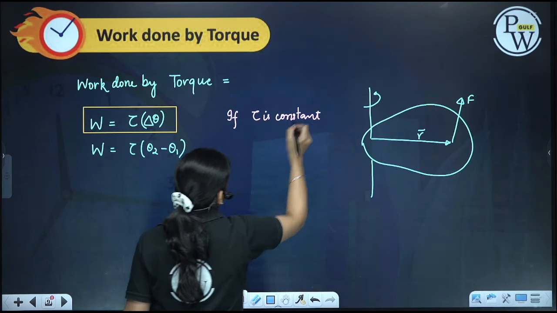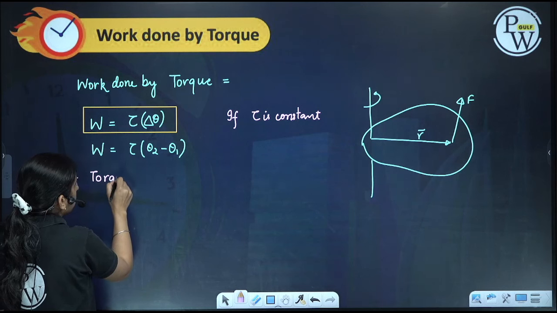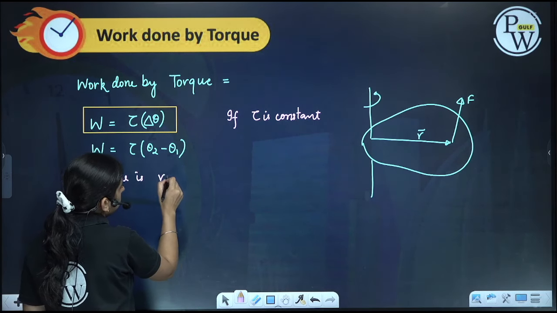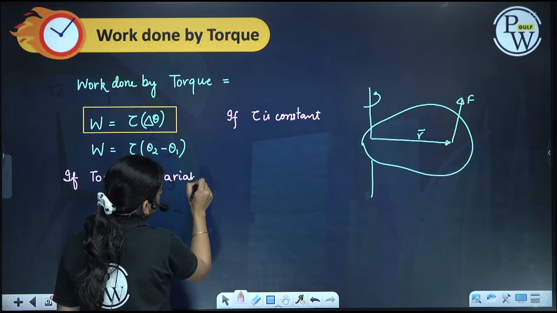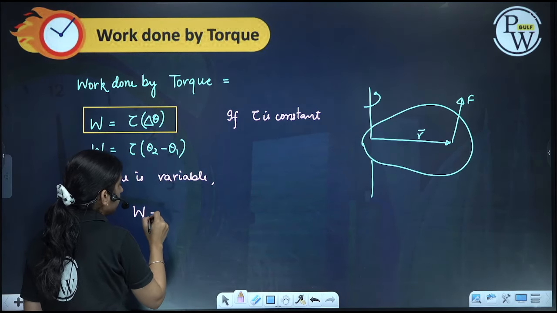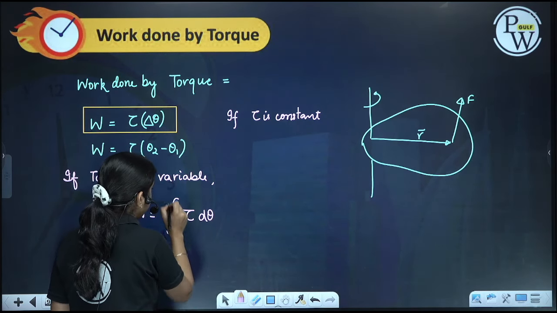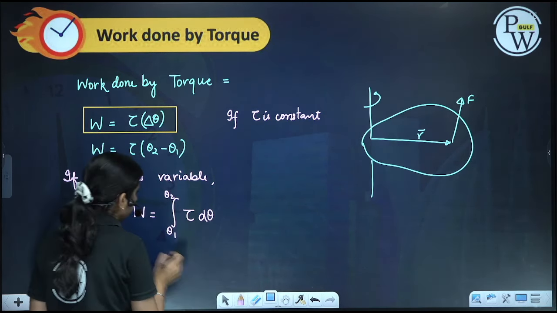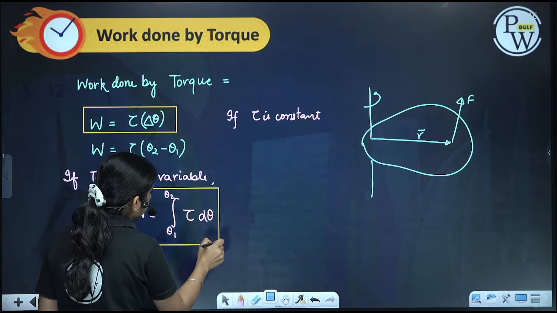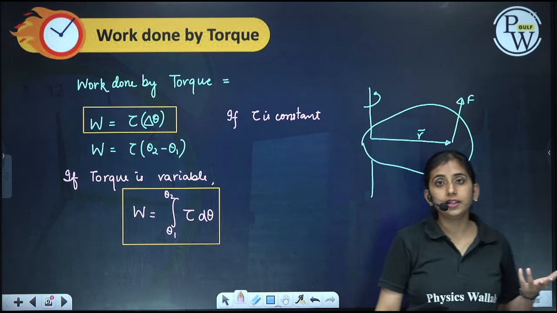And if the torque is variable, then how do we define it? Work done by torque is equal to the integration of tau d theta from theta 1 to theta 2. This is how we define work done by torque when the torque is variable.